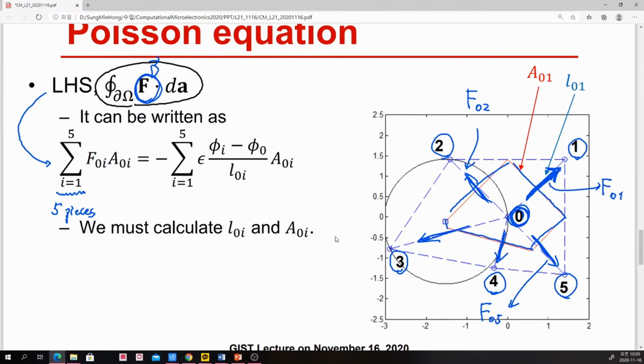And of course, we have to think about this infinitesimal area component, and now it is quite clear.